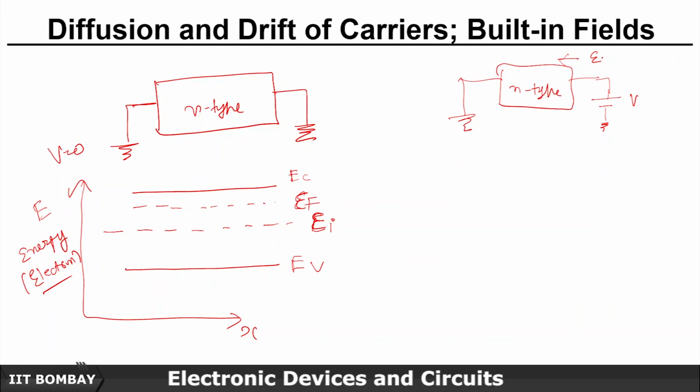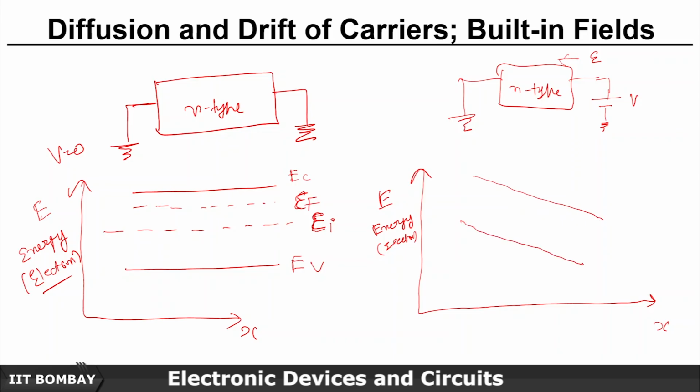So what will happen to these band diagrams? This is x, and E is the energy of the electron. They will bend like this, E_i and E_F, something like that. Okay.